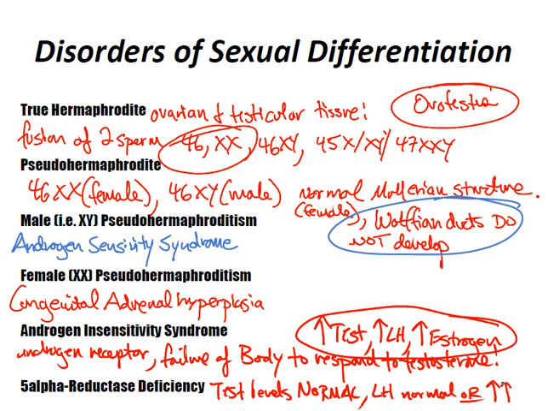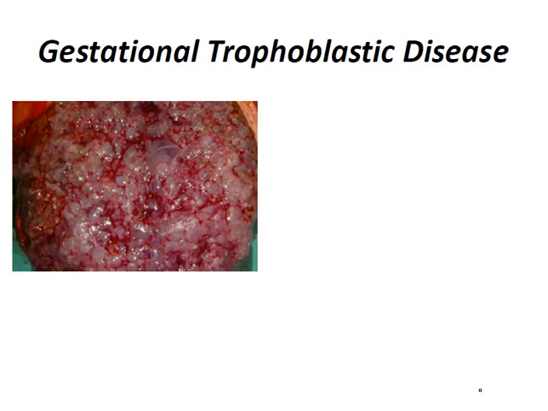So the next thing, I know that was a lot, but you gotta know it. Let's talk about gestational trophoblastic disease. This is a molar pregnancy, or a benign gestational trophoblastic disease. So 90% of molar pregnancies are what?